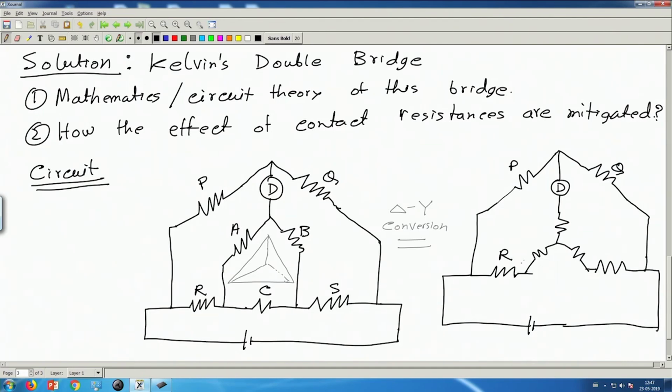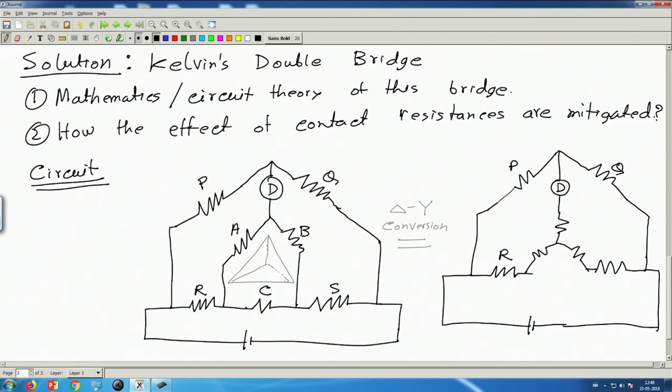This delta becomes this star. Okay. Now, what will be the value of these 3 resistances? Okay. So, the value of this resistance, that means this branch, is given by, so this is A, this is B. So, if you recall the formula for delta star conversion, this is this multiplied by this divided by the sum of these 3.